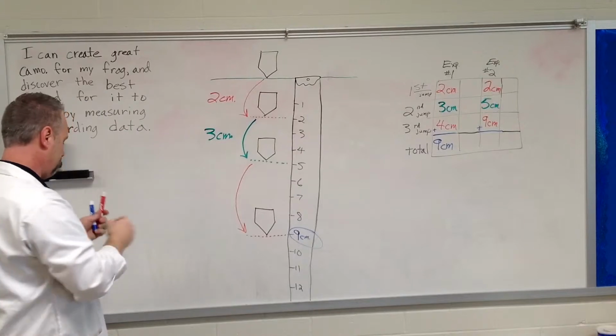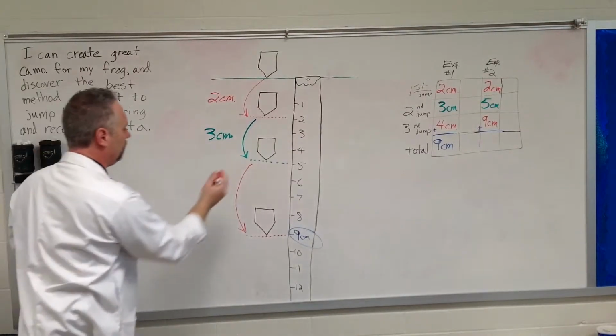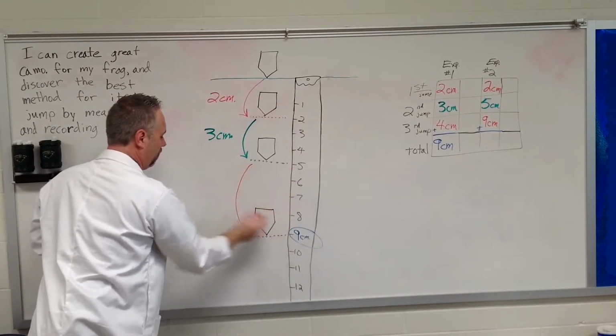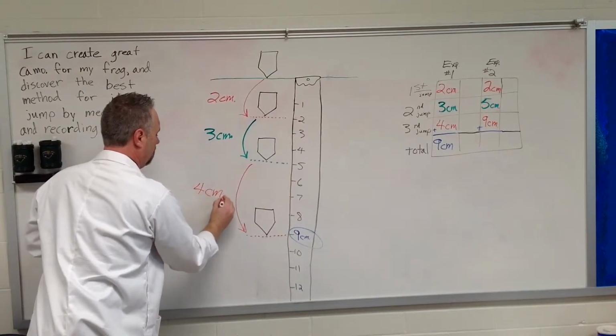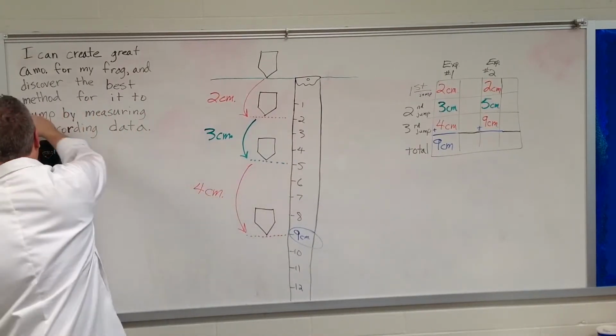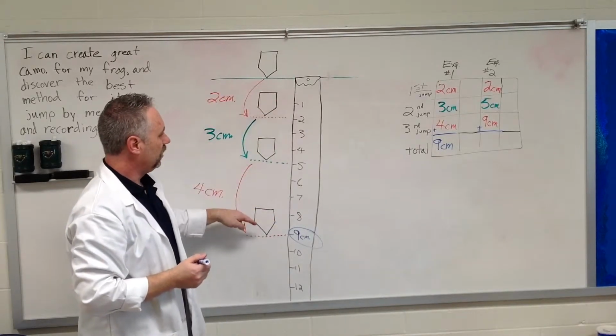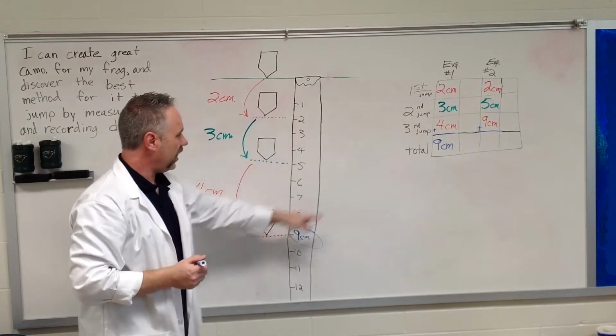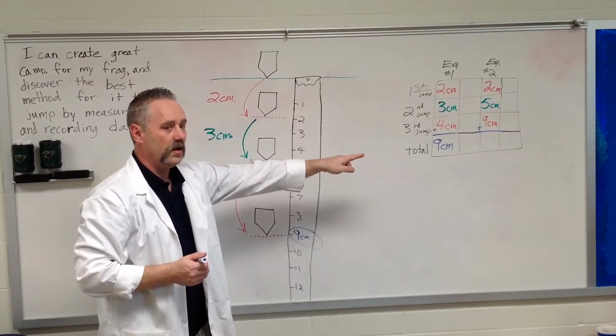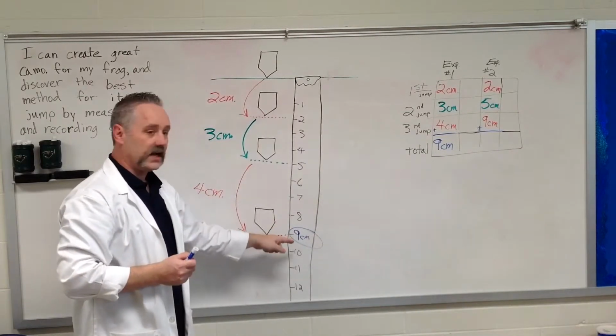Yes. And then the third jump would be 1, 2, 3, 4 more. Does that agree with our data? Yes. So if he adds that up, 2 plus 3 plus 4, yeah, that's 9. Okay, 9, 9. If your total is where your frog is at, you did it right.